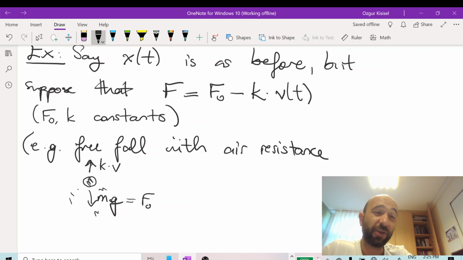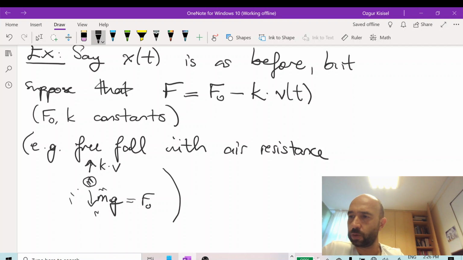Assuming that it is directly proportional, k times v, is a strong assumption. And if you want more realistic models of free fall, that's not quite correct. You should put some square term of v or something like that. But anyway, this is nice and simple enough to think about for this problem.